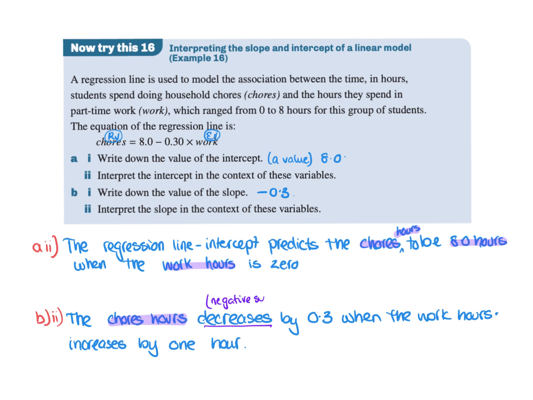So you don't need to put the negative. Did anyone put that in there? So you write decreases by 0.3 when the work hours, sorry, I should have put hours in there, shouldn't I? Did you put that in there? When the work hours increases by 1.